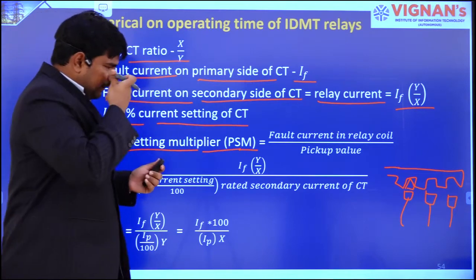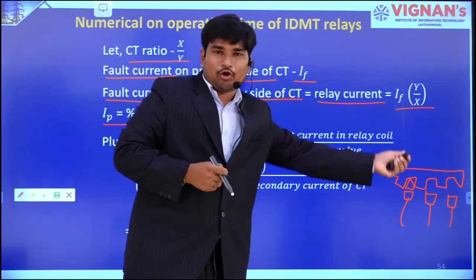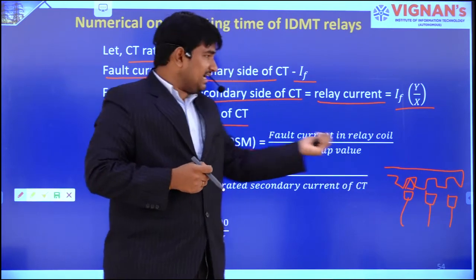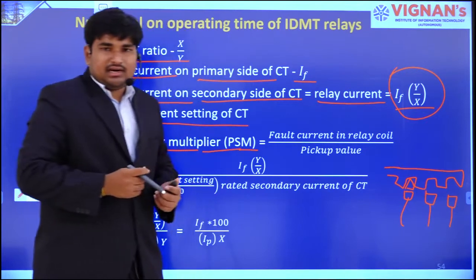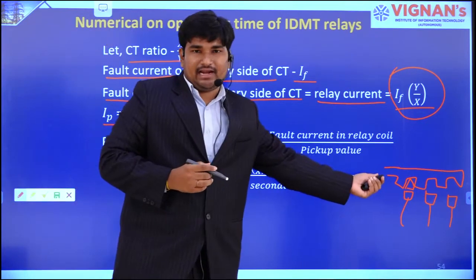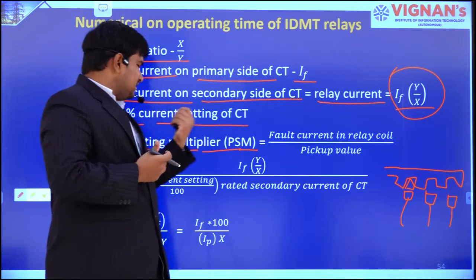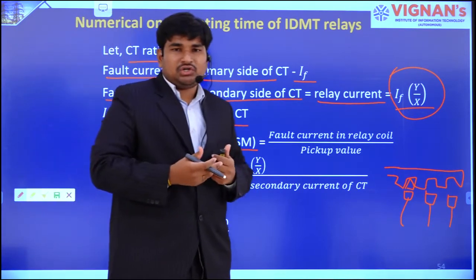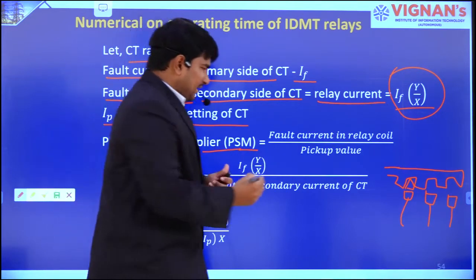So the plug setting multiplier is equal to the fault current in the relay coil divided by the pickup value. I discussed what the pickup value is: the minimum amount of current to operate any relay.